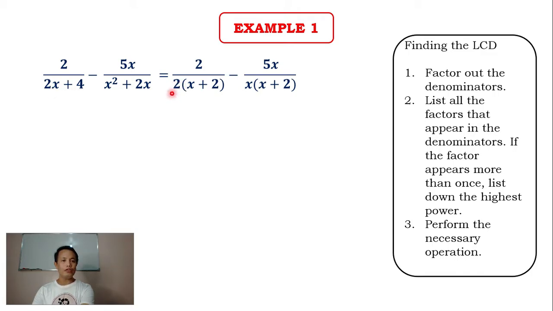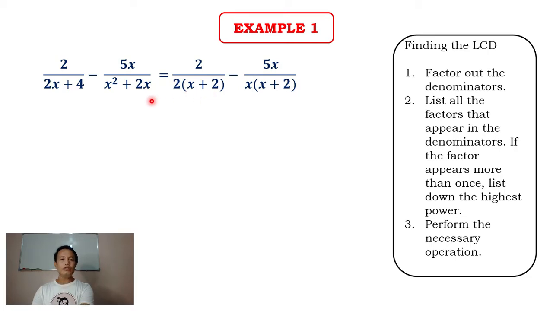What remains inside the parentheses is x plus 2, because 2 times x gives us 2x, and 2 times 2 gives us 4. So the factors of this binomial are 2 times x plus 2.